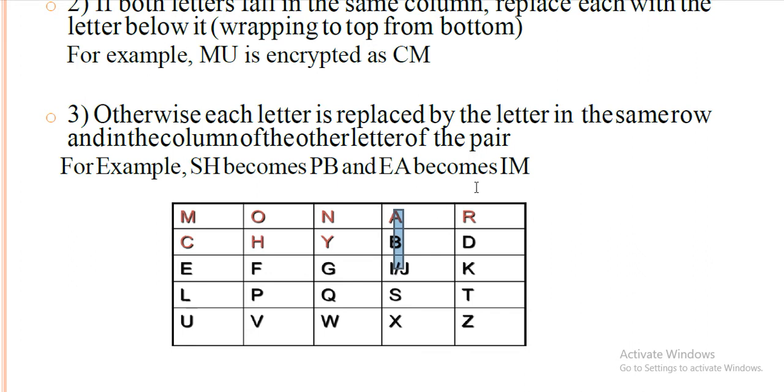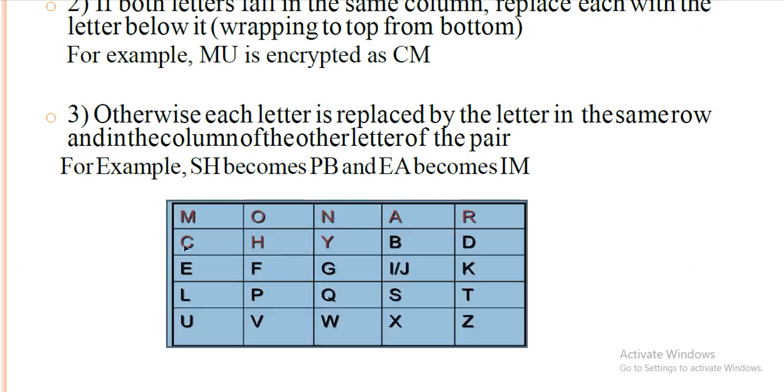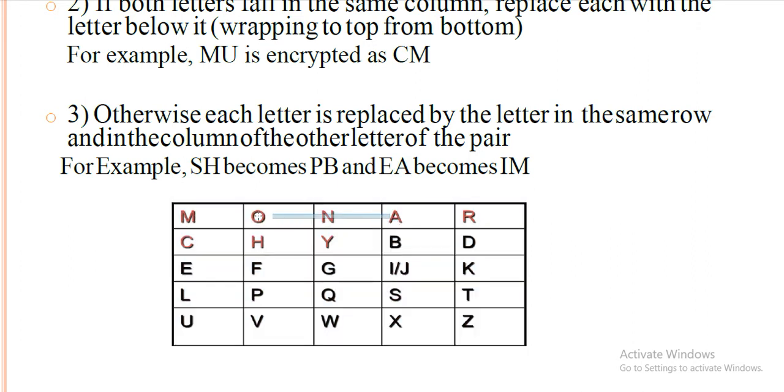So I, we just write down over here. Get it? Same way, next we need to replace a. For a we go for the row, and for e we go for the column. So we get the intersection point as m. So we write down m over here, right? In that way EA becomes IM, right?